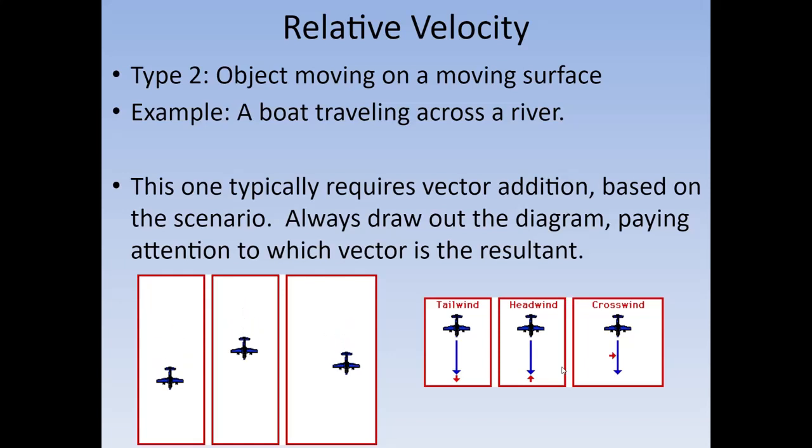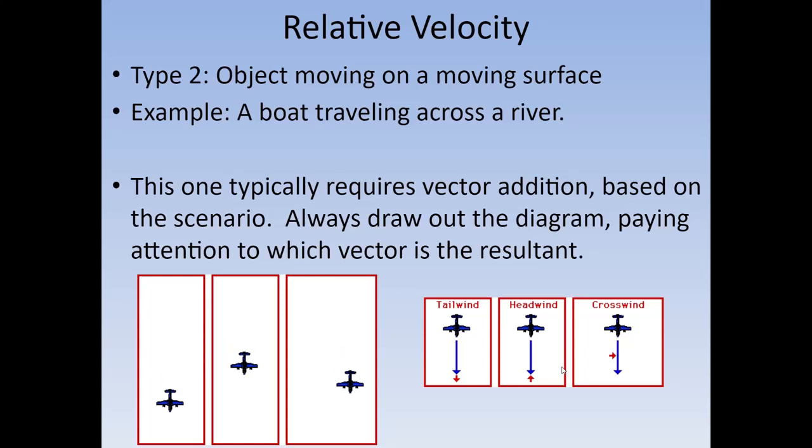The first one, the wind is moving in the same direction. It's a tailwind, so it's pushing them in the direction that they're moving. Then we have the headwind, which is pushing in the opposite direction. And then the last animation is what would happen if a wind was blowing from the right, so it's a crosswind, and you would see that the object ends up moving on this diagonal.